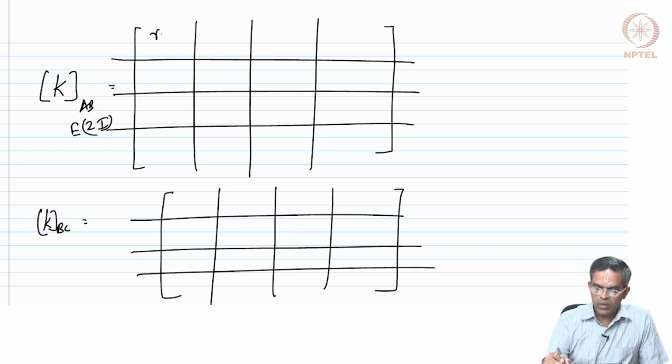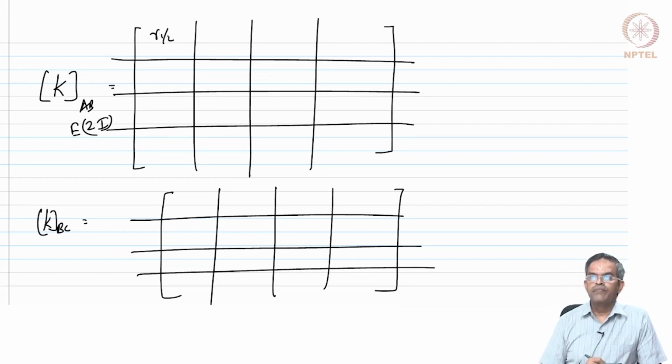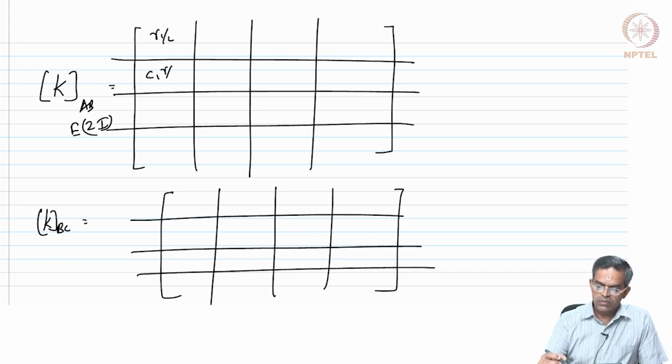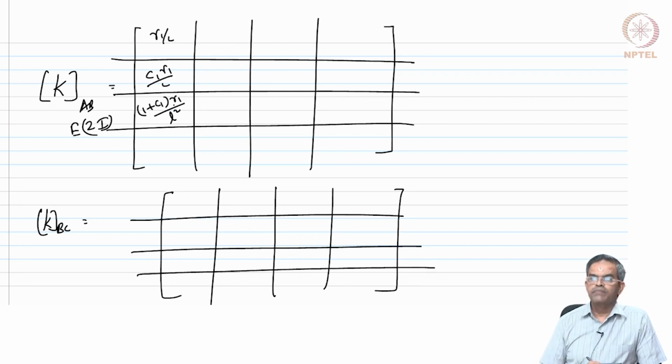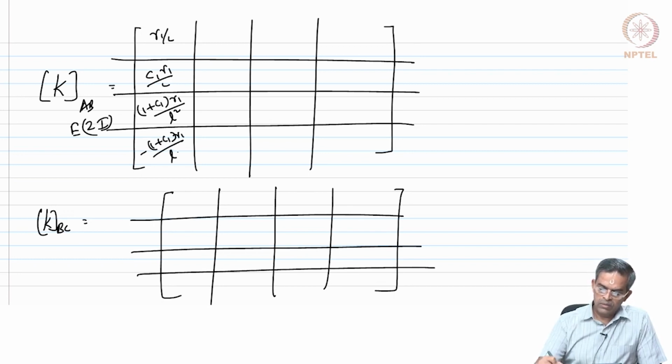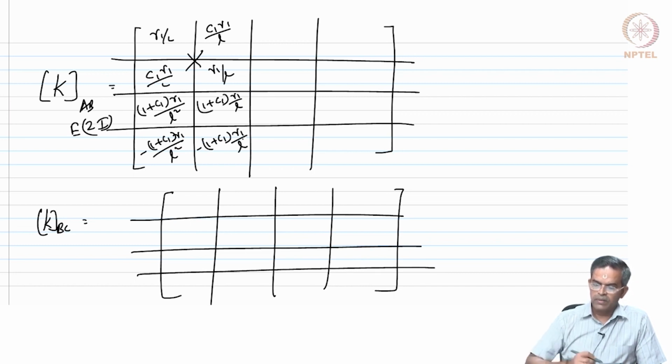So, I should say it is R1 by L, C1 R1 by L, 1 plus C1 of R1 by L square, minus 1 plus C1 R1 by L square. Then, crossed, this is C1 R1 by L, this is R1 by L, this is 1 plus C1 of R1 by L, 1 plus C1 of R1 by L.